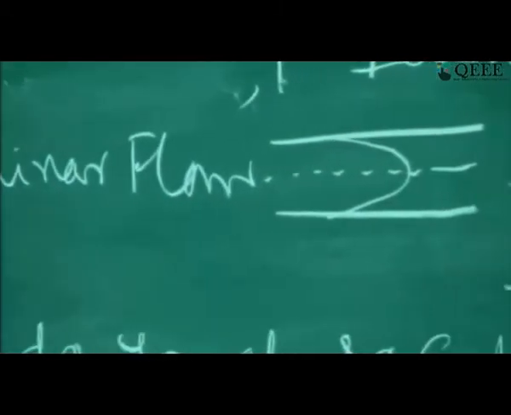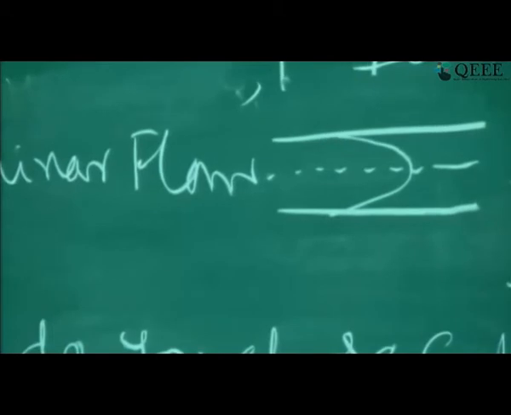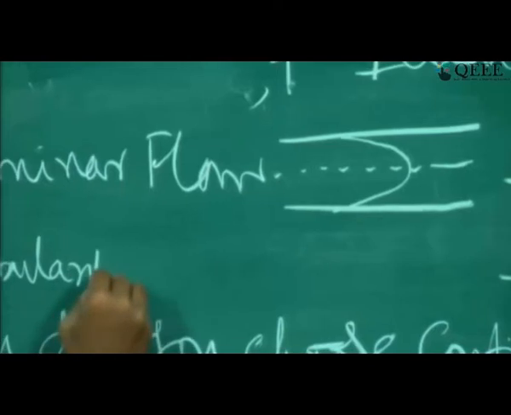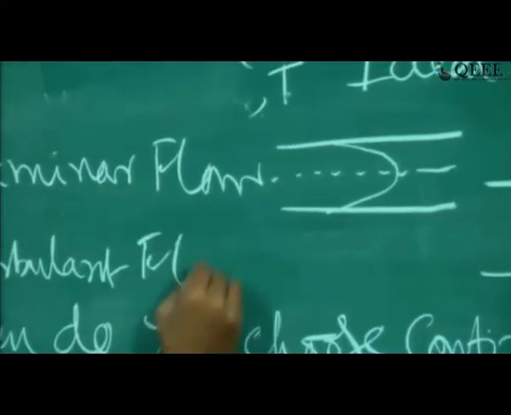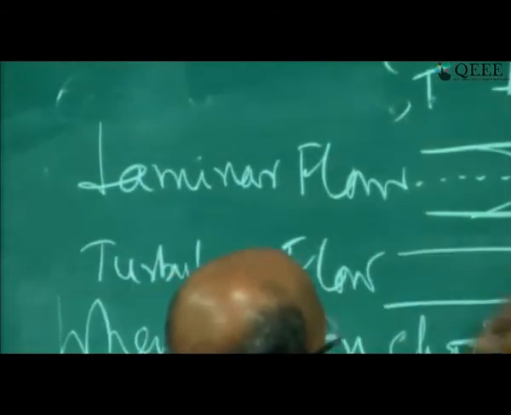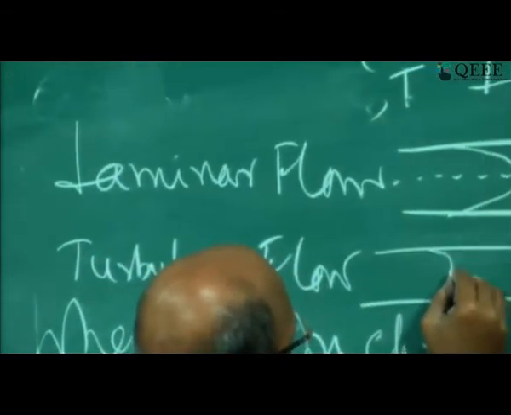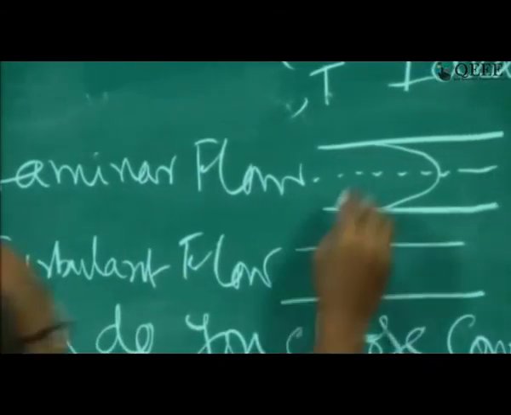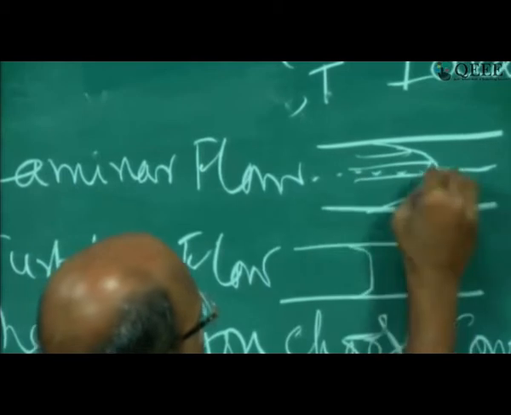That is the velocity profile. For turbulent flow, the profile will be like this. This is for turbulent flow. You can also put the arrows.